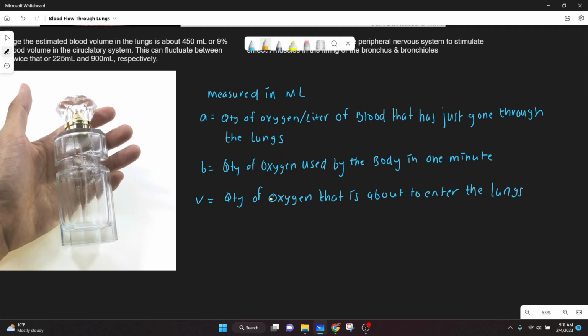That equation is C, blood flow, is equal to B, the quantity used by the body, divided by A, the quantity that has just gone through the lungs, minus V, the quantity that is about to enter the lungs.